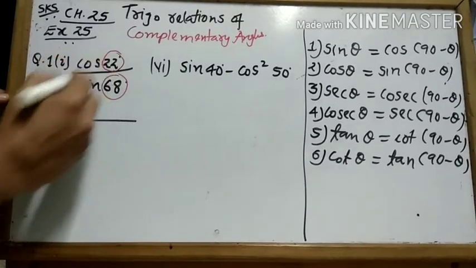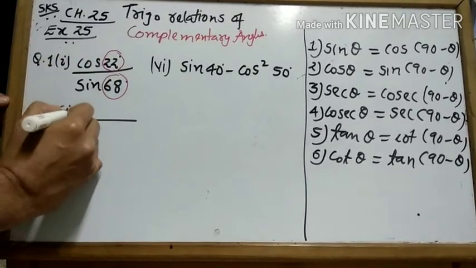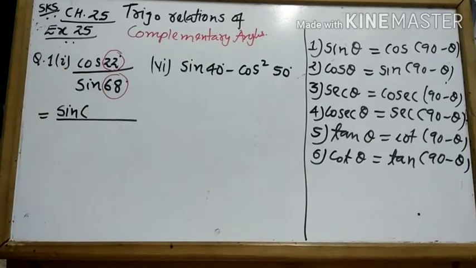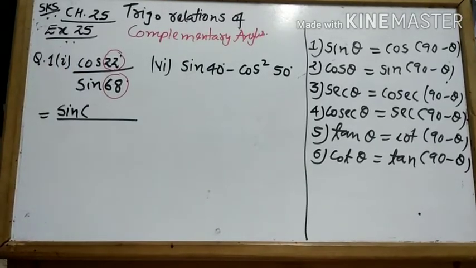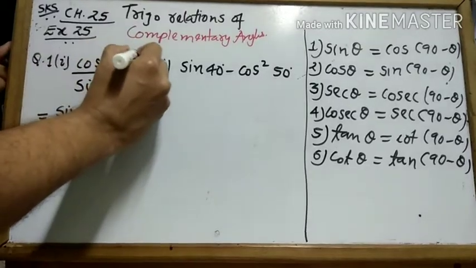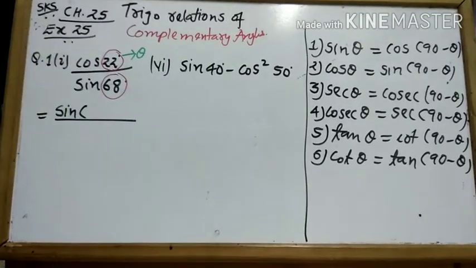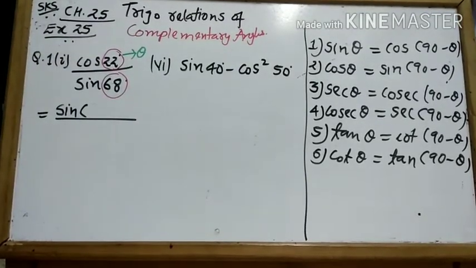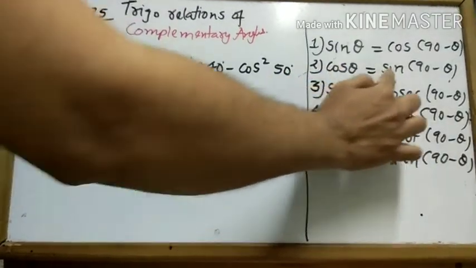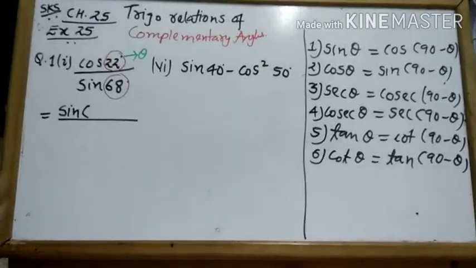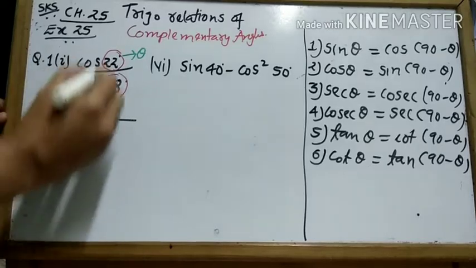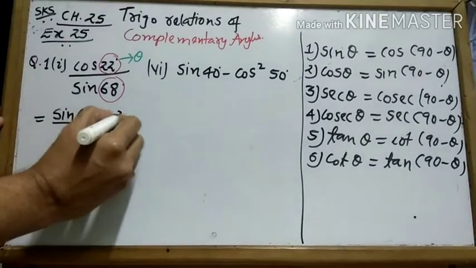Instead of writing cos 22, I will write sine over here. I am taking theta as 22. The rule says cos theta is equal to sine 90 minus theta. Here theta acts as 22, so it will be 90 minus 22.